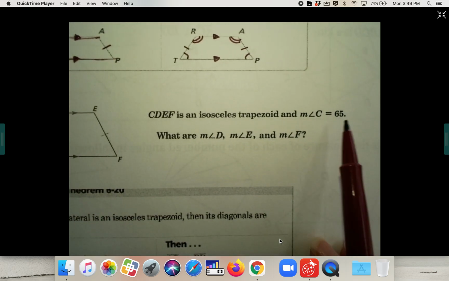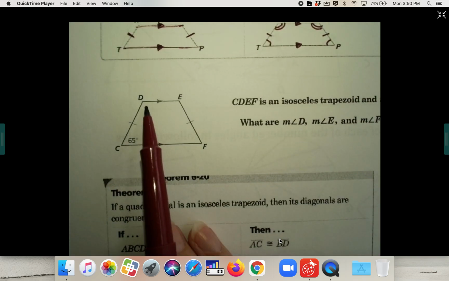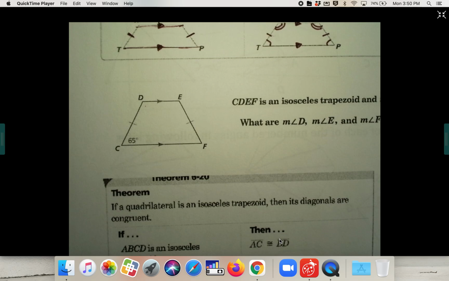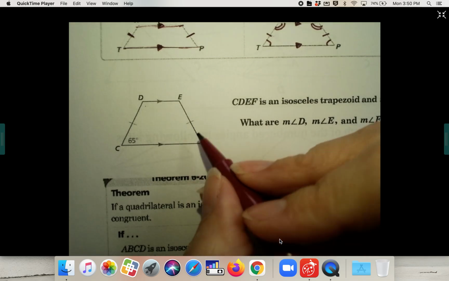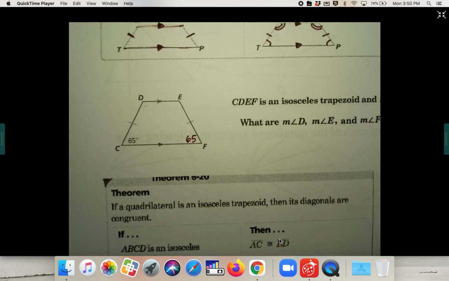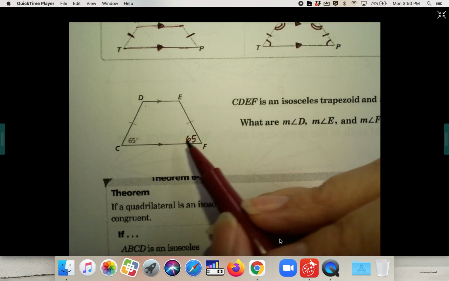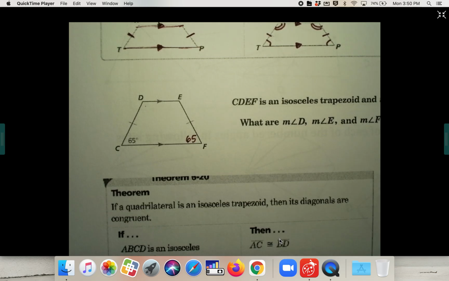It says the measure of angle C is 65 degrees, which is already marked up. What would angles D, E, and F measure? Since it's an isosceles trapezoid, if this is 65, then this base angle down here is also 65. Then I know it's a quadrilateral, a four-sided shape, which has 360 degrees.